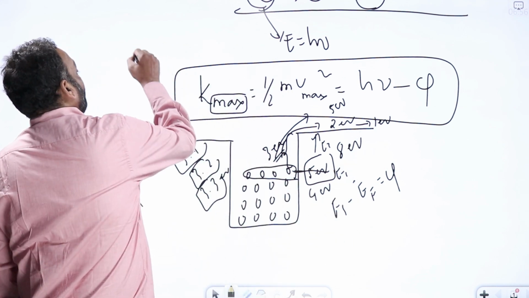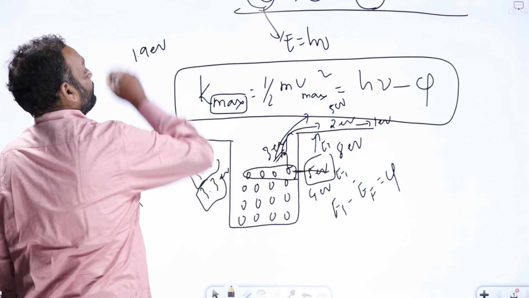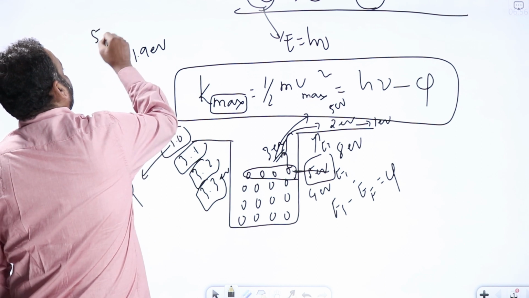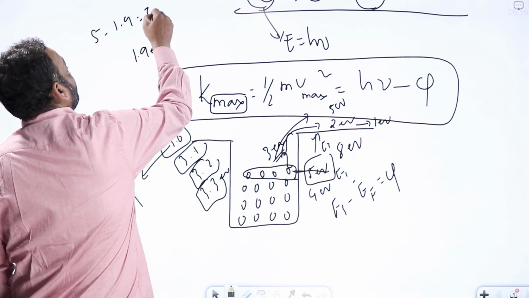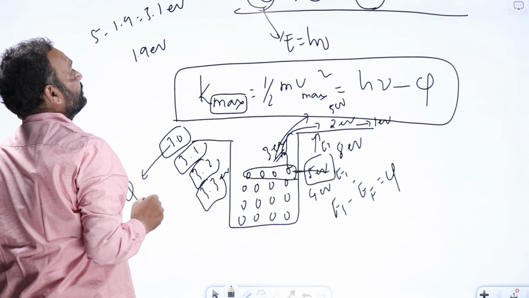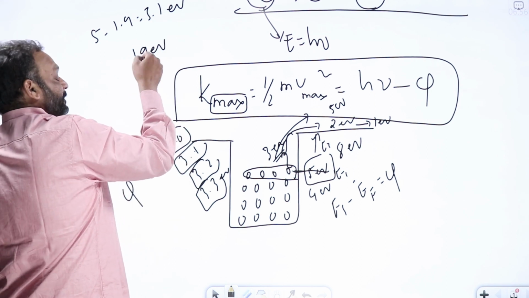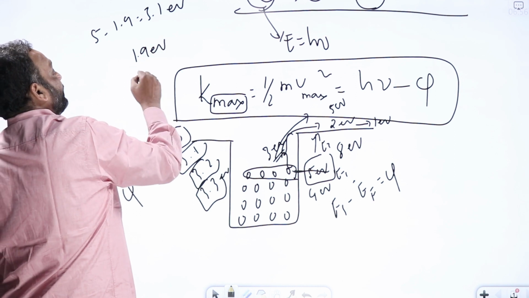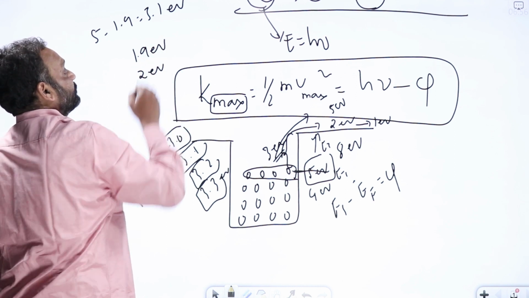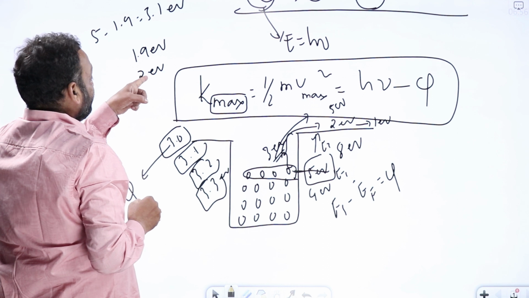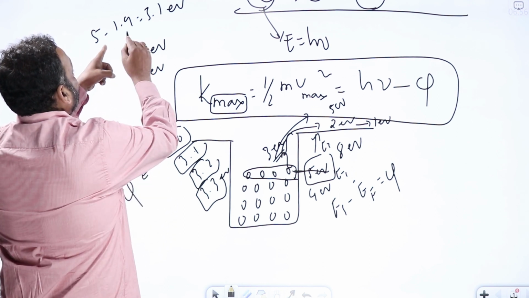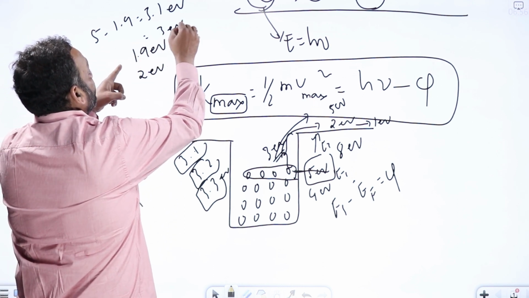If 1.9 electron volts is the work function of a metal, 5 minus 1.9 will be the kinetic energy of some electrons only, because some electrons may need more than 1.9. Some may take 2 electron volts to come out, and then 5 minus 2, they will come out with 3 electron volts only.